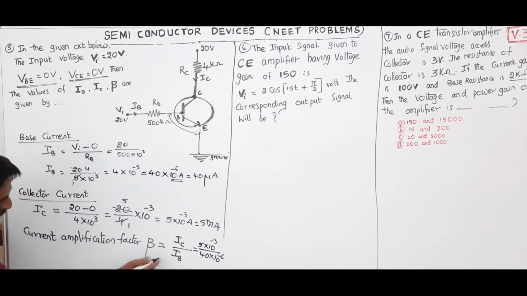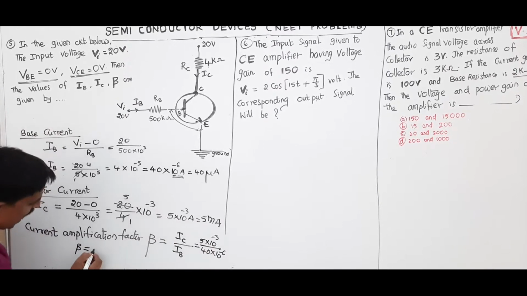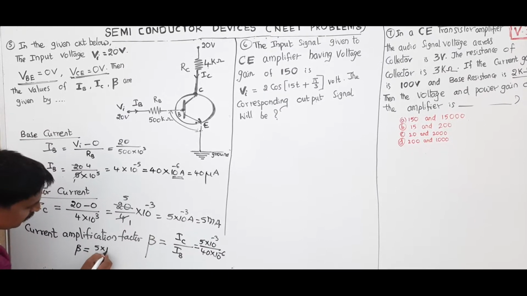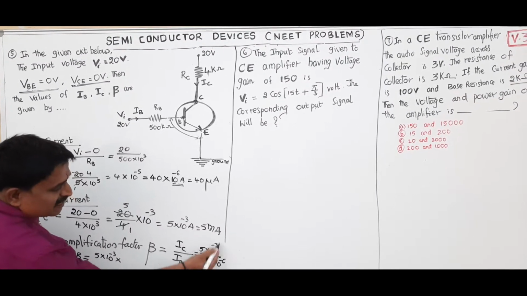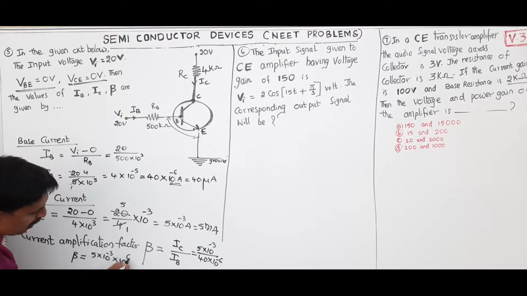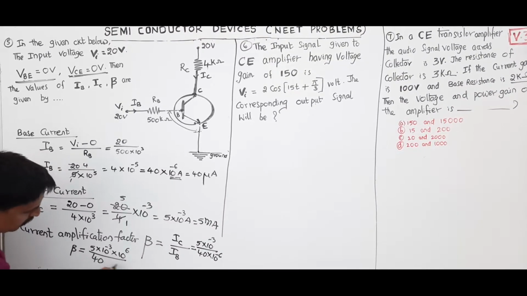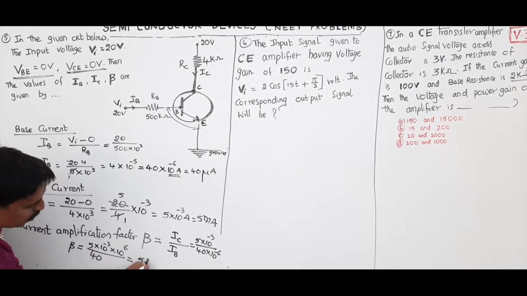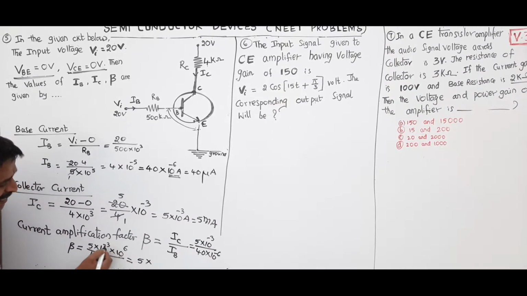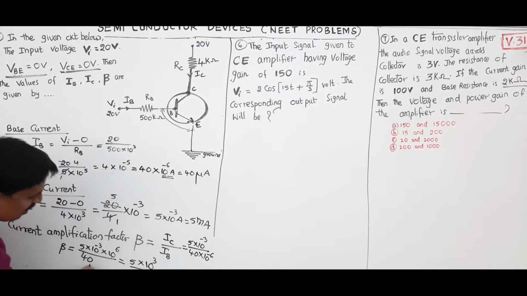Now beta is equal to 5 into 10 power minus 3 by 40 into 10 power minus 6. 10 power minus 6 comes to the numerator as 10 power plus 6, giving 5 into 10 power 3 by 40.